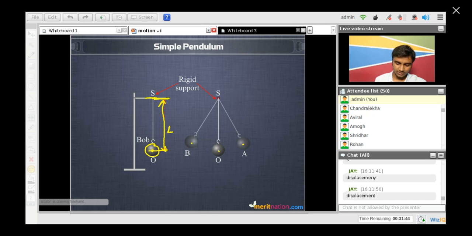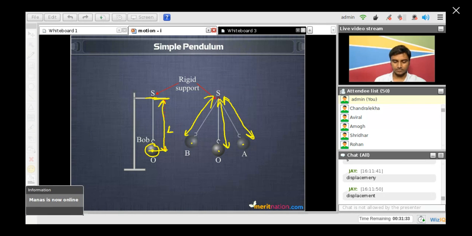So this length is called the length of the pendulum. And this is the bob, that is the mass which is responsible for the to and fro motion.